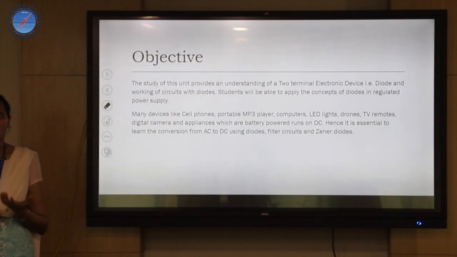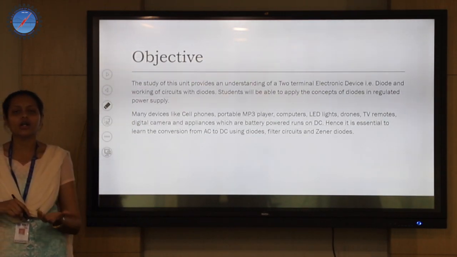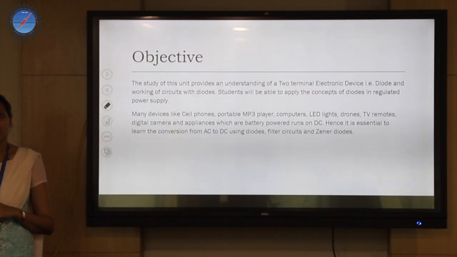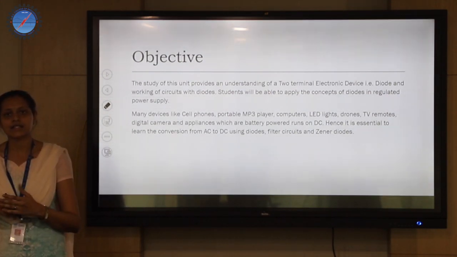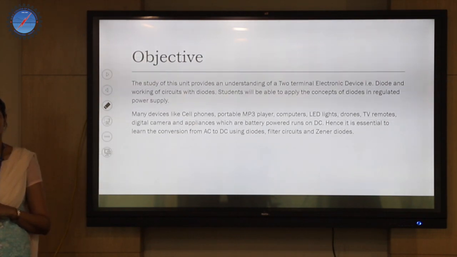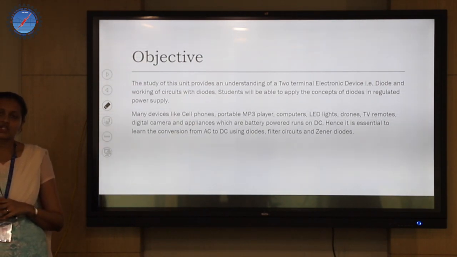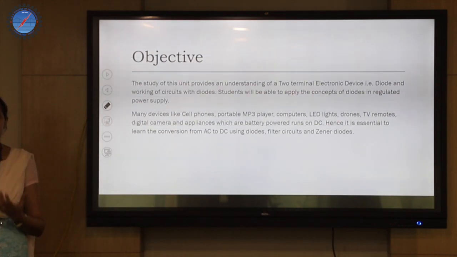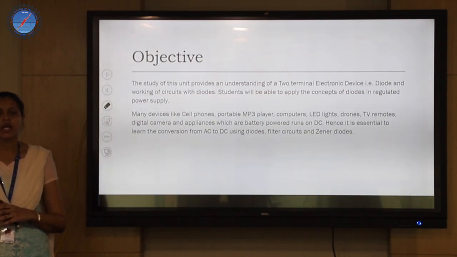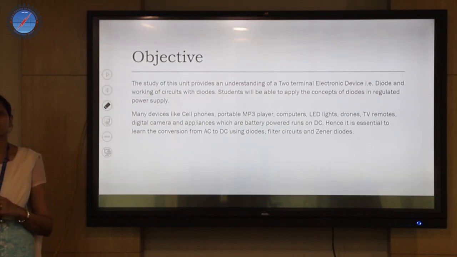All these run on DC, that is direct current. And what we are getting from the power outlets at our places is AC, which is alternating current. In order for all these equipments to work, we need DC, but then we have AC. So it's essential to convert AC into DC. This can be done by using diodes.